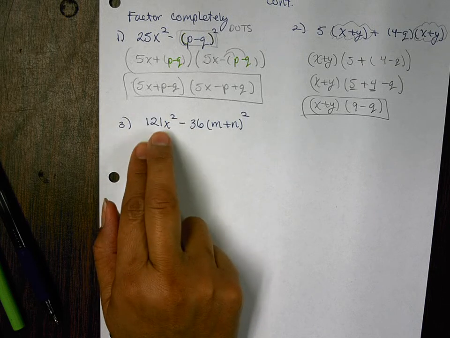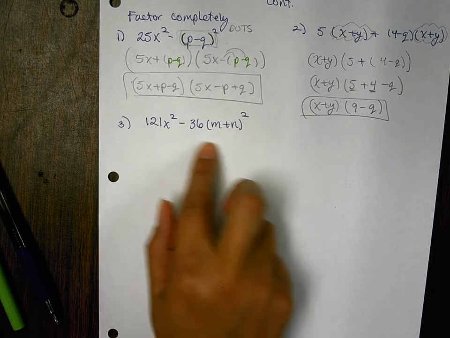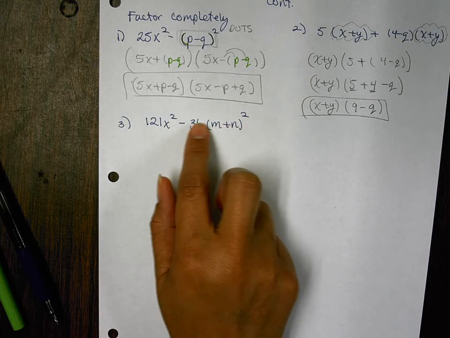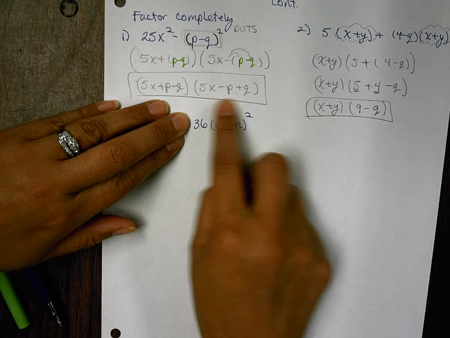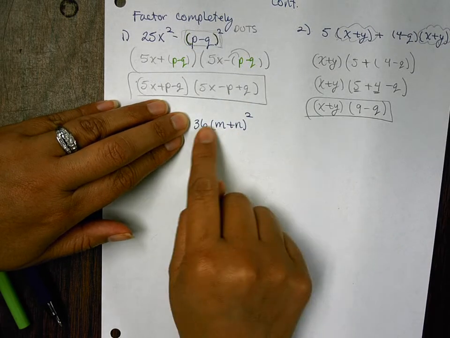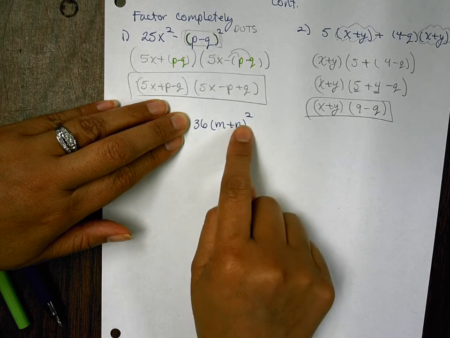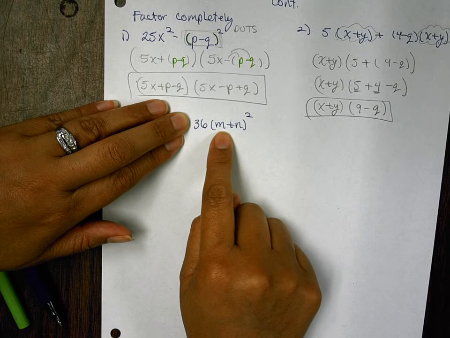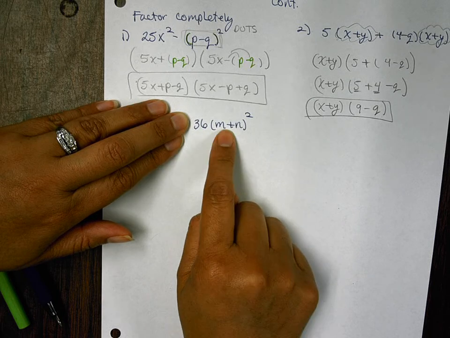The square root of that is 11x. All of this is my second term. There's two factors, but all of this is one term. 36(m plus n) squared. And this is also a perfect square. You take the square root of this, you get 6 times (m plus n).